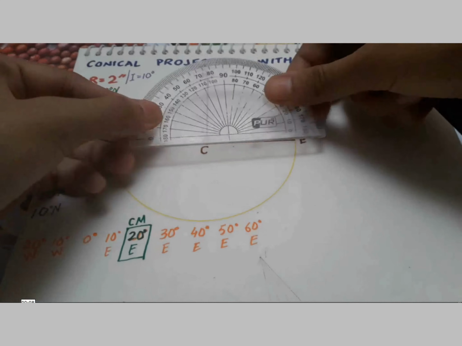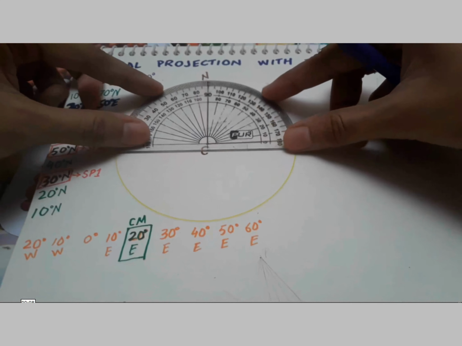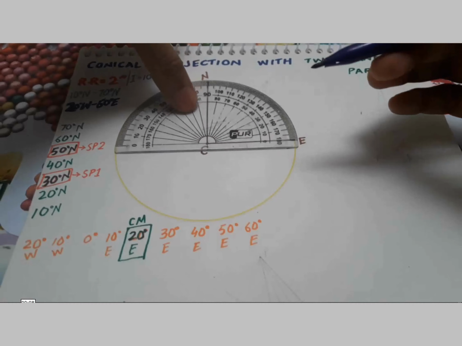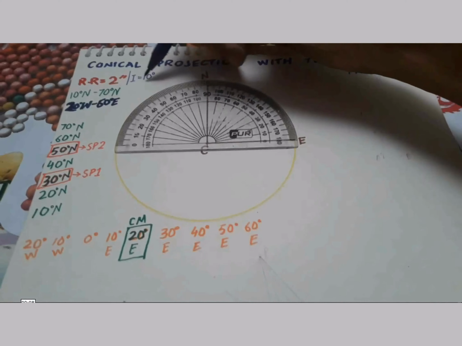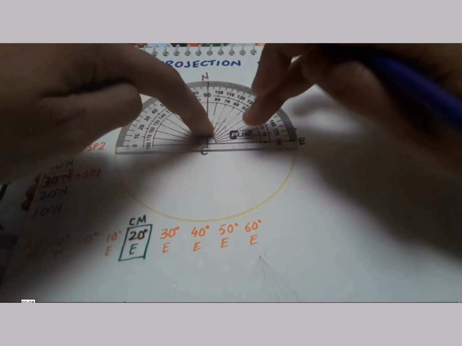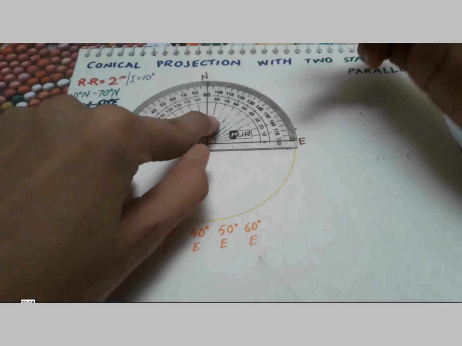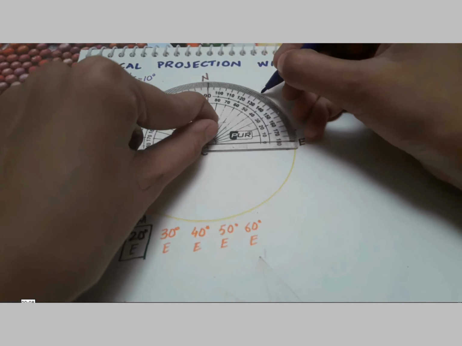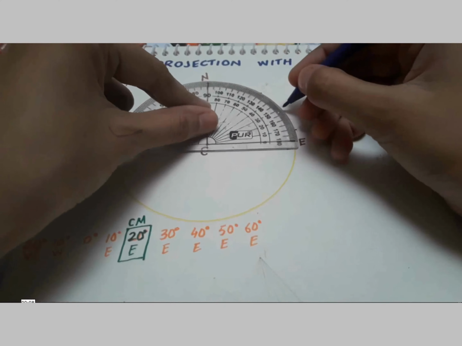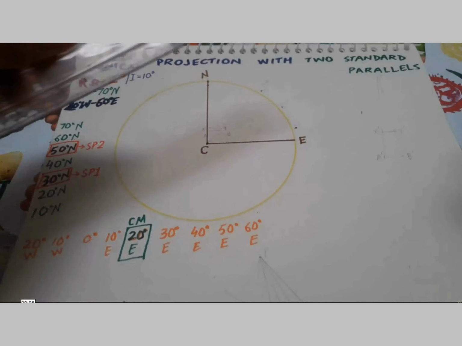So using the angles of the standard parallels and the protractor, we will mark 3 angles. The 10 degrees for the interval over here, 10 degrees marking, and then 50 degrees for standard parallel 2 and 30 degrees for standard parallel 1.